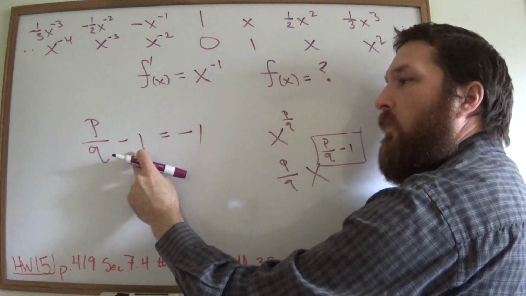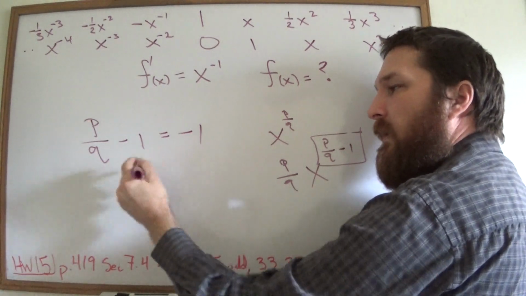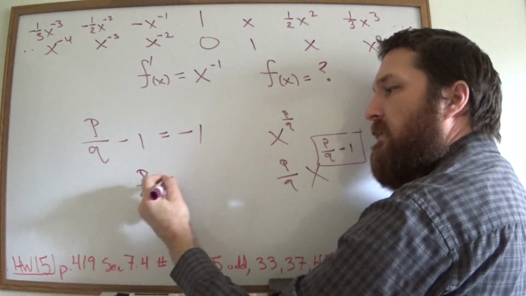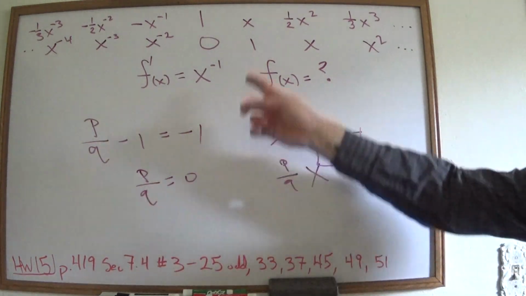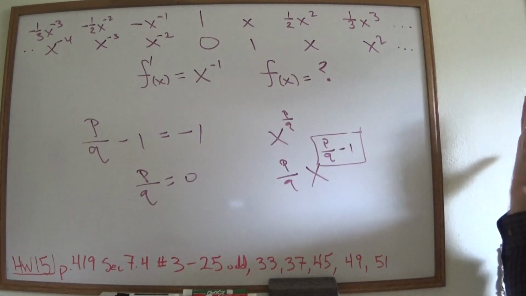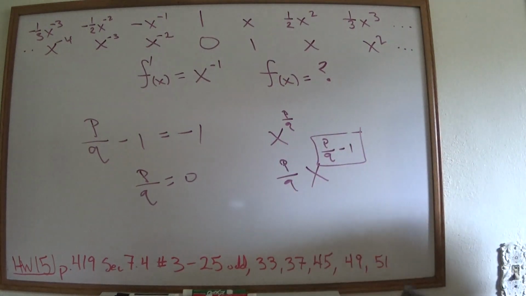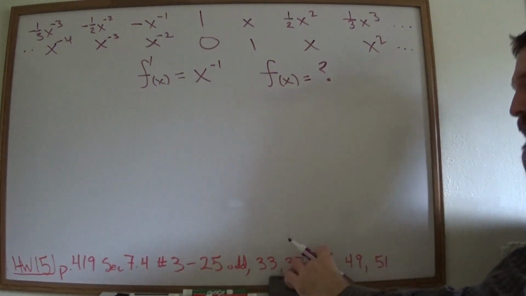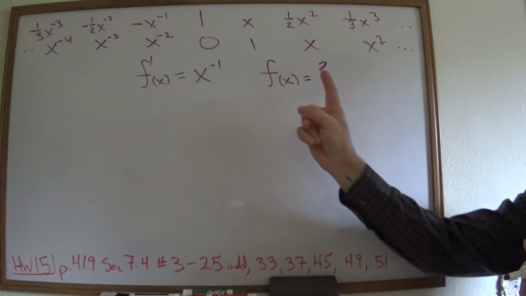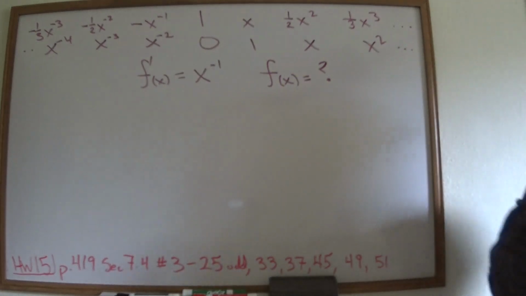And so we add the 1 over here, and we have p over q is 0. Oh. Well, that doesn't work, because that's not there. So we're missing something. It seems to me like there should be a function where you take the derivative of it and it gives you x to the negative 1.